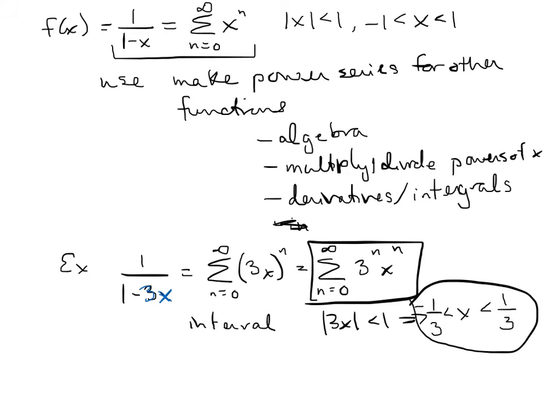Okay, so example. Let's look at the function 1 over 4 minus 2x cubed. Now keep in mind it's 1 over 1 minus x that's equal to the sum from n equals 0 to infinity of x to the n.